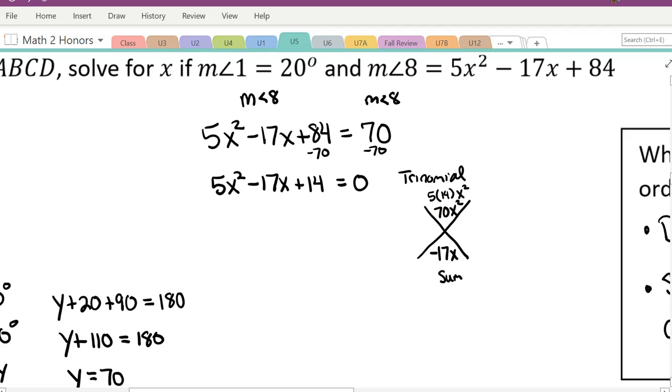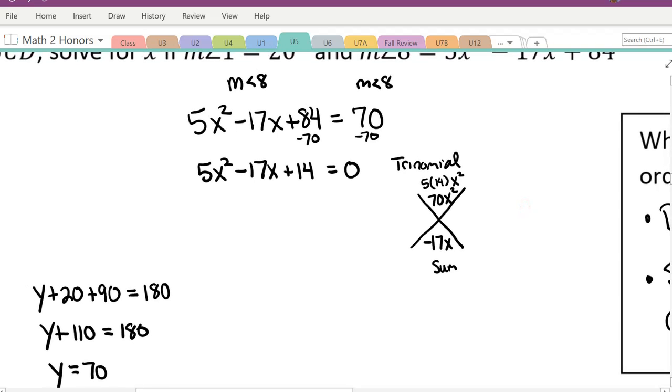And so I'm looking for two terms that multiply to 70 and add to negative 17. And negative 10x times negative 7x will multiply to positive 70x squared and add to negative 17x. So that's what I'm going to replace the negative 17x with.